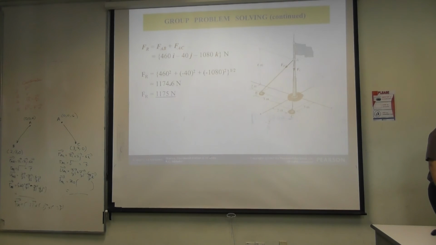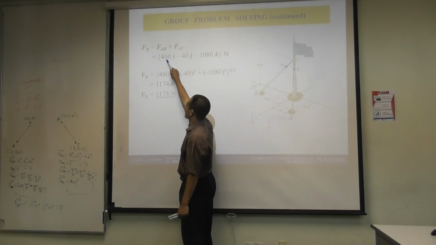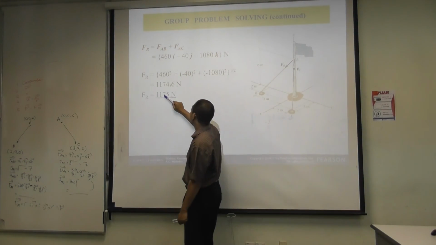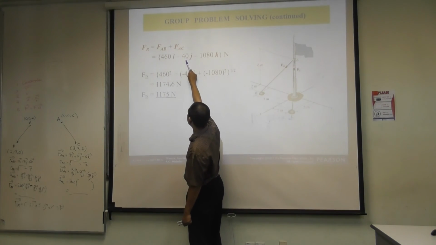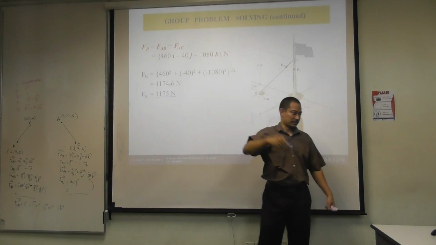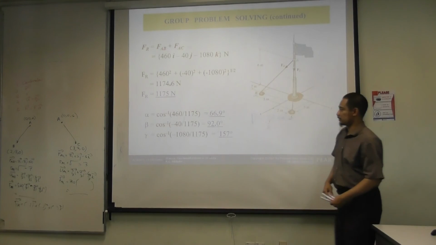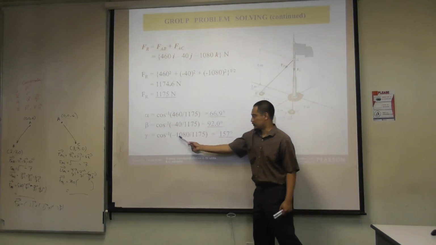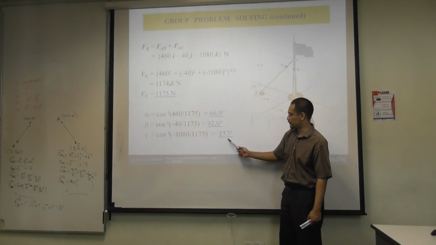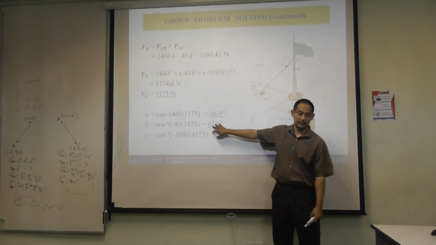Then you get the magnitude there. Of course, from here, alpha is simply cos inverse of 460 over 1175, right? Beta is cos inverse of negative 40 over the magnitude. Make sure you take inside the calculation the negative value, right? As you should see here, the negative 40 and negative 1080, the negative should be there so that the angle is more than 90 degrees. And then that will be the answer.